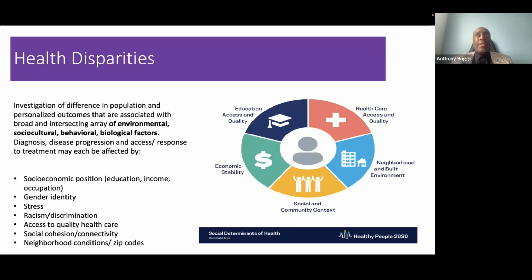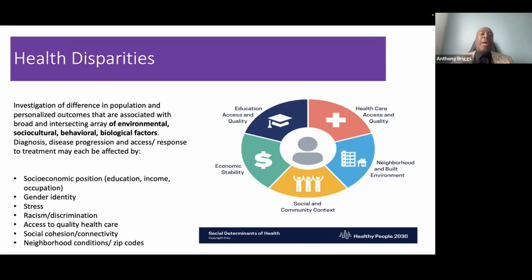Now, there's a professor by the name of Lisa Barnes at Rush University who has done some work on brain aging, particularly on Black Americans who have experienced Jim Crow laws and segregation.